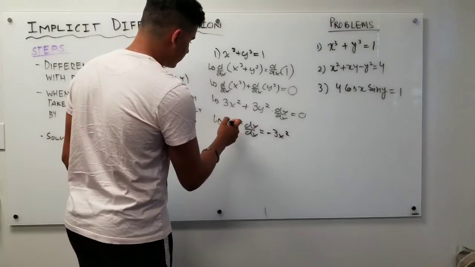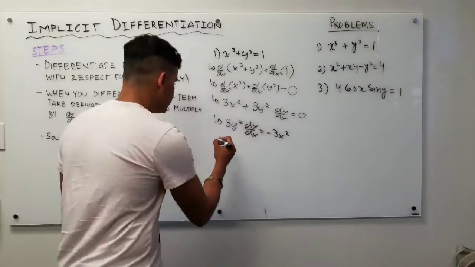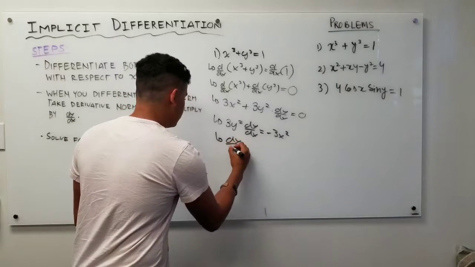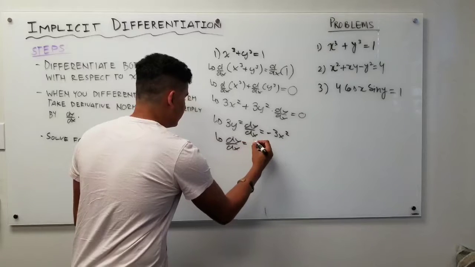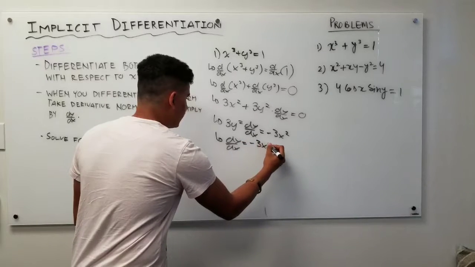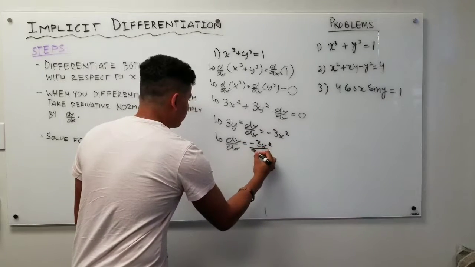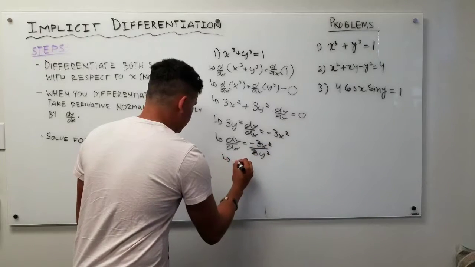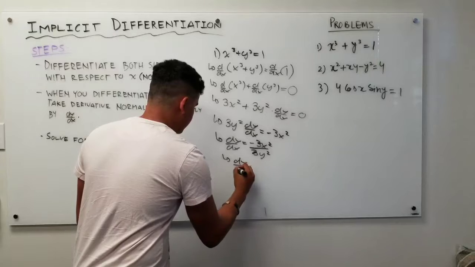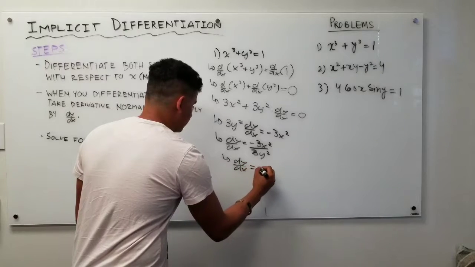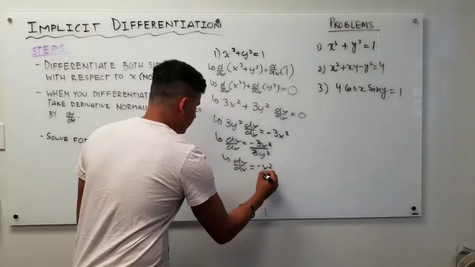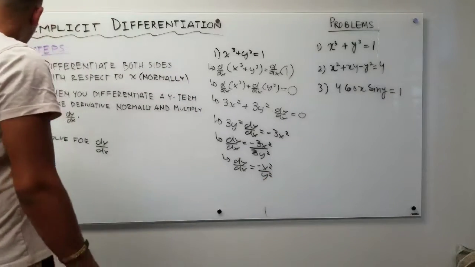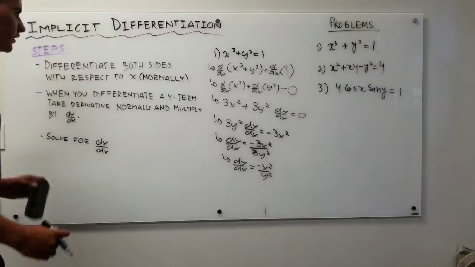Then we divide both sides by 3y squared, so dy dx is equal to negative 3x squared over 3y squared. The 3 and 3 cancel out, and dy dx is equal to negative x squared over y squared. That was our first problem.